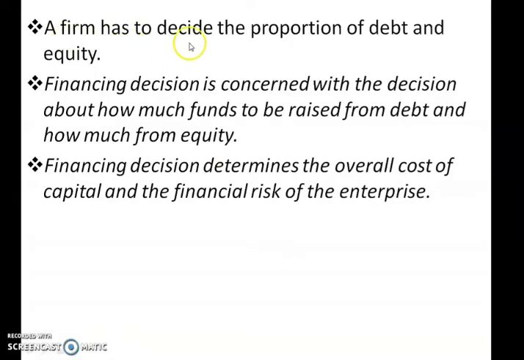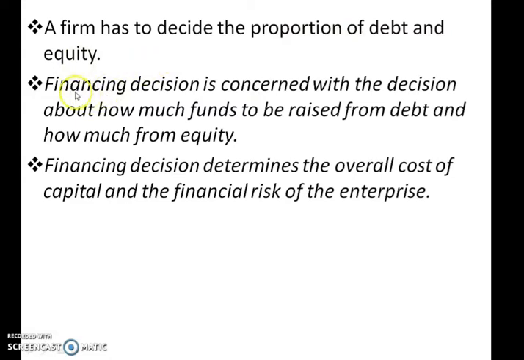Now a firm has to decide the proportion of debt and equity. So children, the main decision related to financial decision is deciding the proportion of debt and equity. It is better to have a combination of debt and equity in your business, and deciding the proportion of debt and equity depends on certain factors.